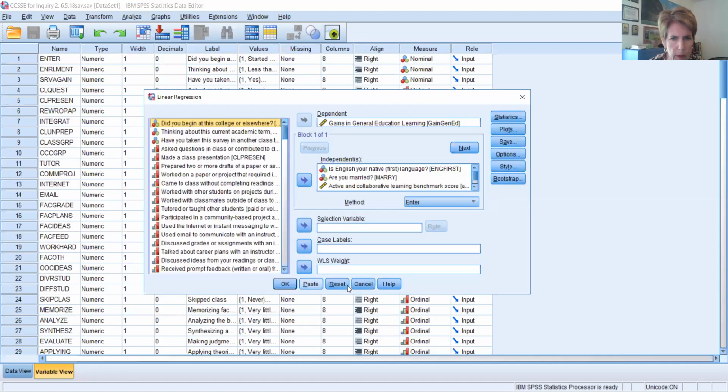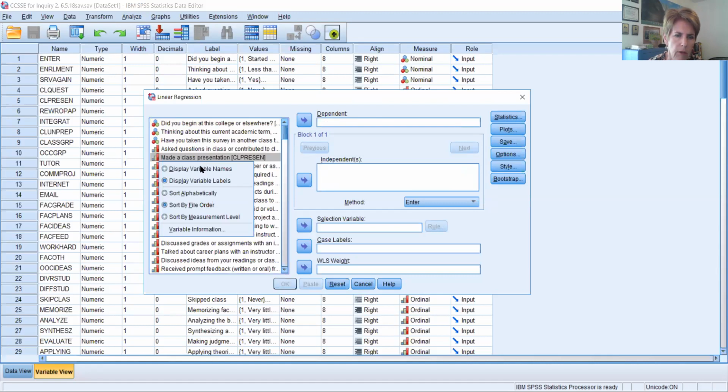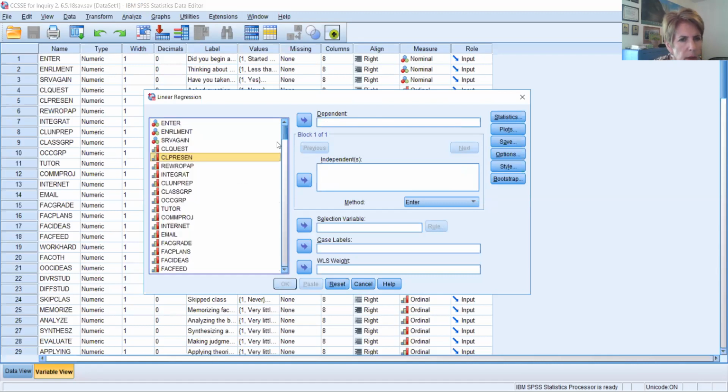I'll have to reset this. I was playing around in here a minute ago. Now I'm going to right click and just show the variable names. To me, it's easier to find things when it's in the variable names. I was thinking married was up here, but maybe it's not.